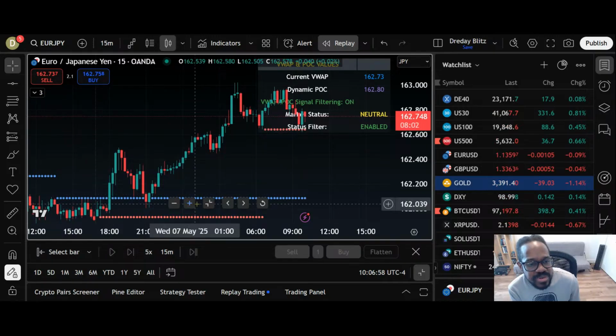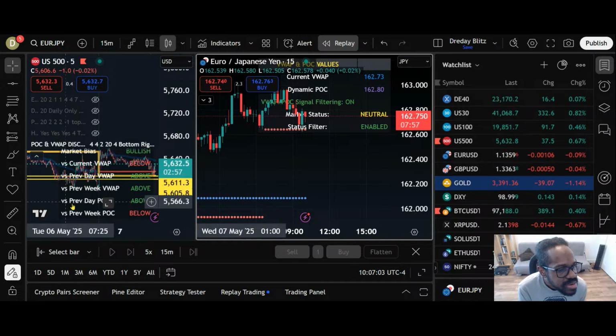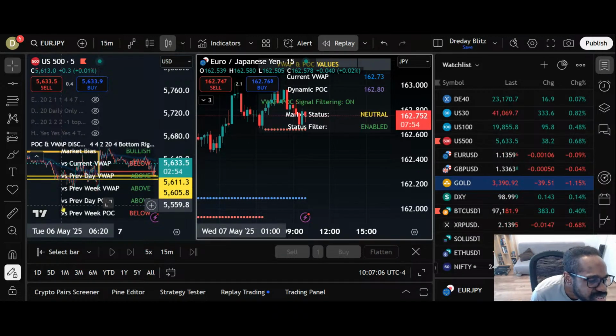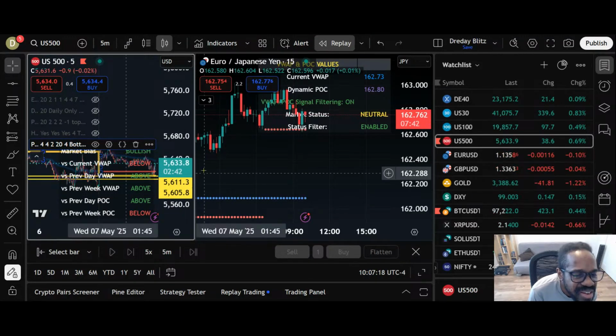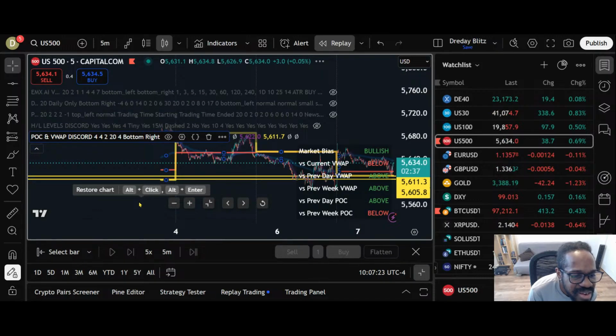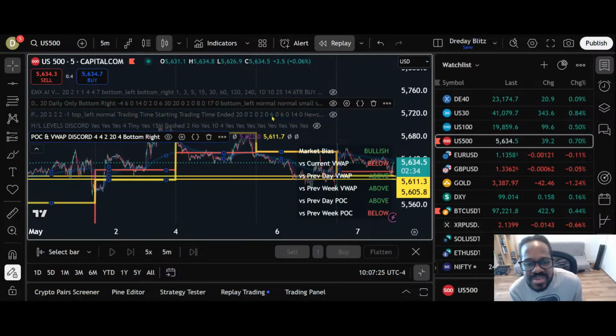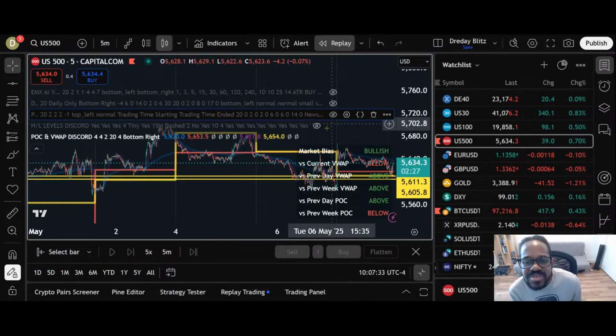Okay, I'm just gonna go on the other chart because the other chart has all of the other indicators here. Let's see. So 5-minute POC. It's this one.